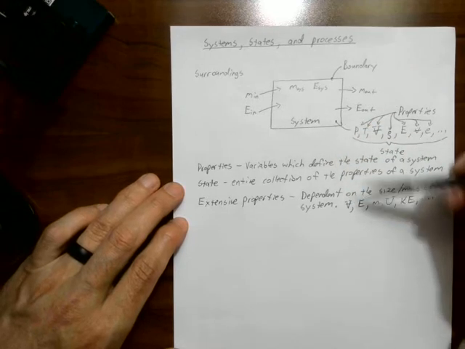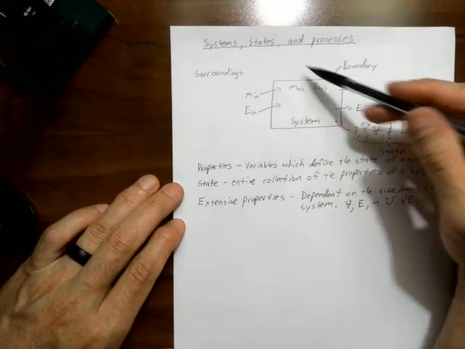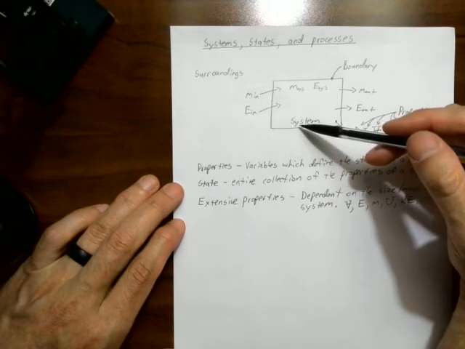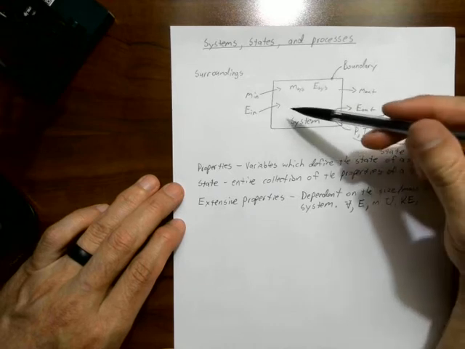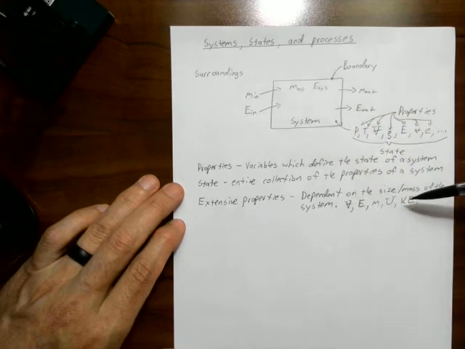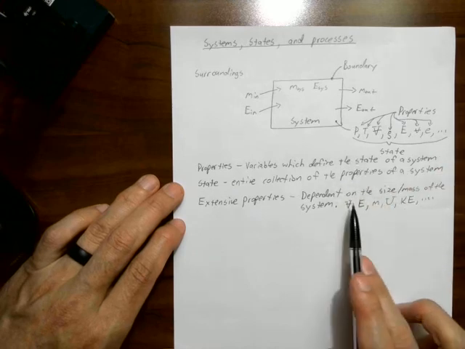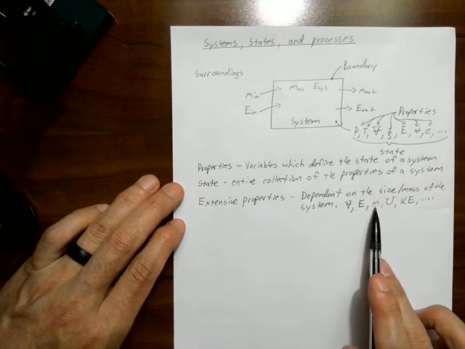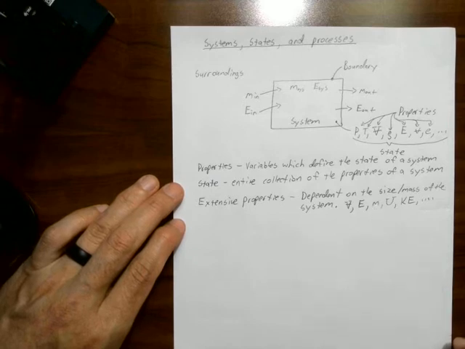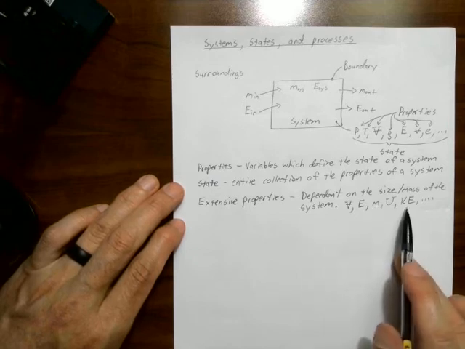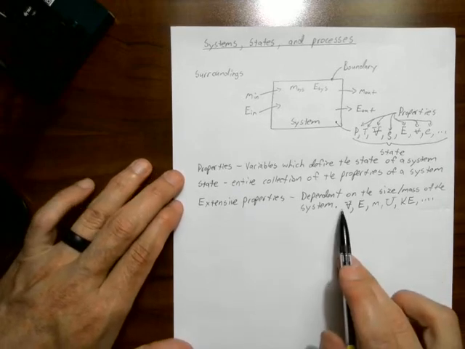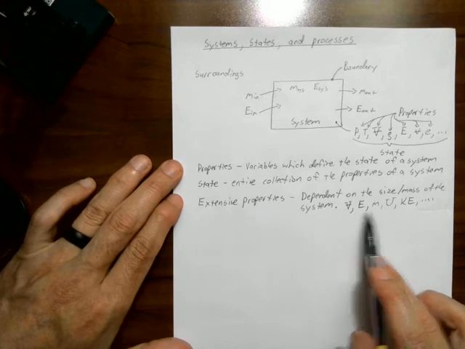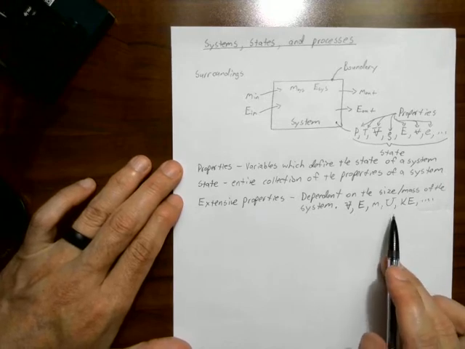The total energy, if I expand the boundary to include the system and then a little bit more, is likely to go up. And so these depend on the actual size. Notice they all get capital letters except for the special case of mass, which is always given in lowercase m. But for the most part, the symbols used to define extensive properties are given uppercase letters.